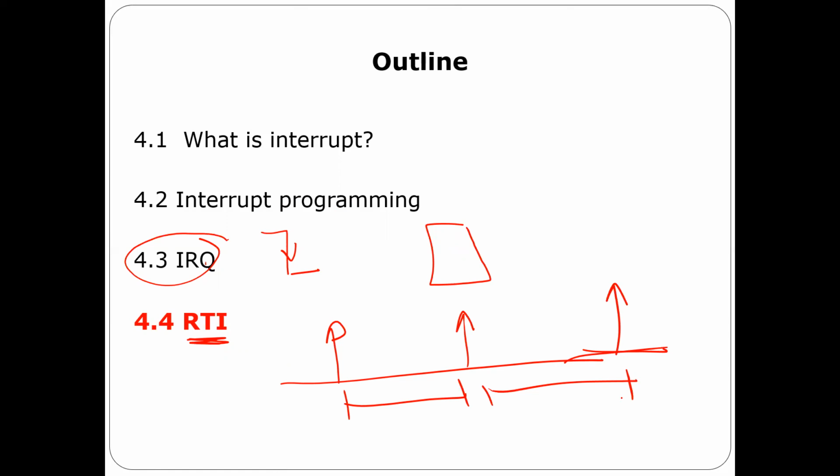As an example, if I want to make a flashing LED like what I did in chapter 3, I can make periodic interrupts every 1 second, and then flip the LED. If it is on, you make it off. That's what you have to write in the RTI subroutine.